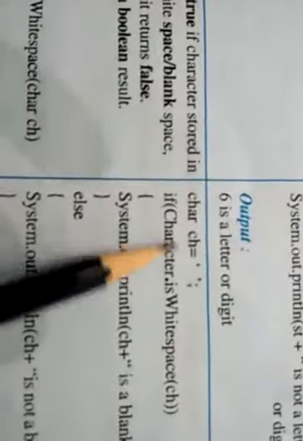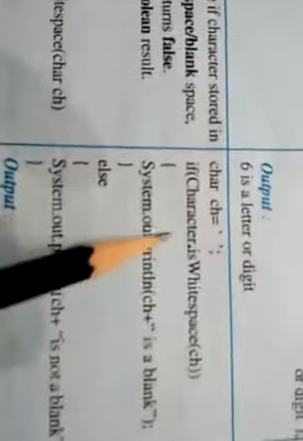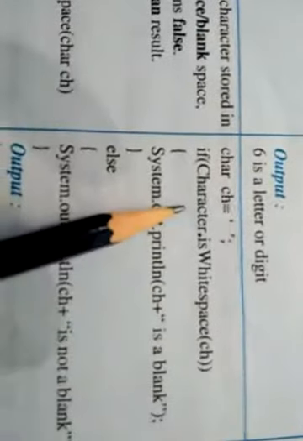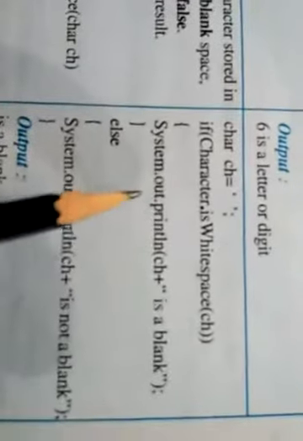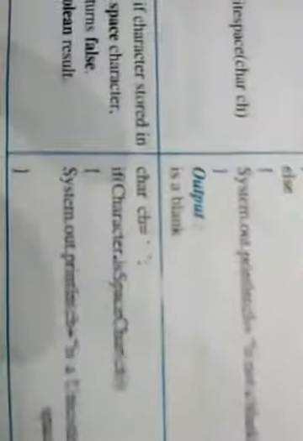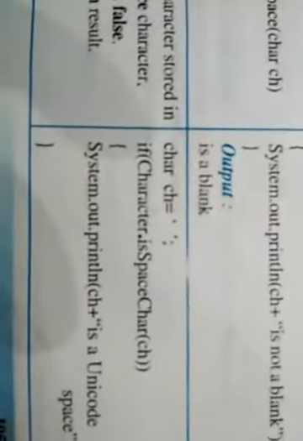The next function is isWhitespace, and we are storing the space value in ch. This function will return true in the if statement, and the message inside the if statement will be printed: ch is a blank. The next function is isSpaceChar.